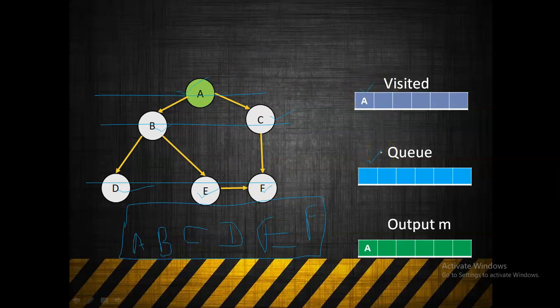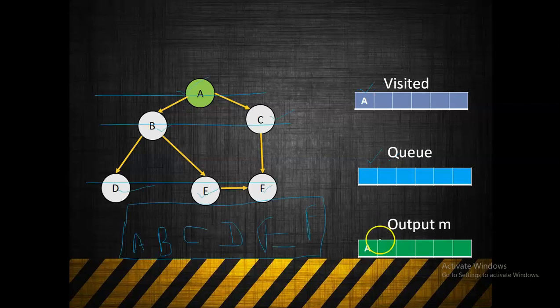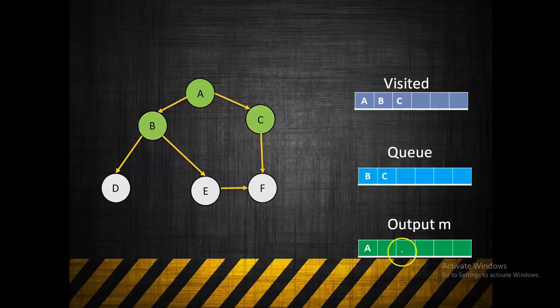Step number one: if the queue is not empty, then we pop the element of the queue and move it to output. Initially A is in the queue, so we pop A and move it to output, and the queue is empty.